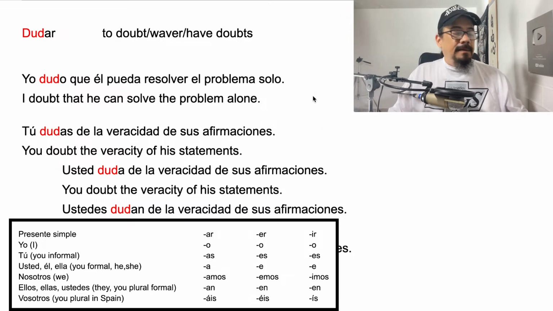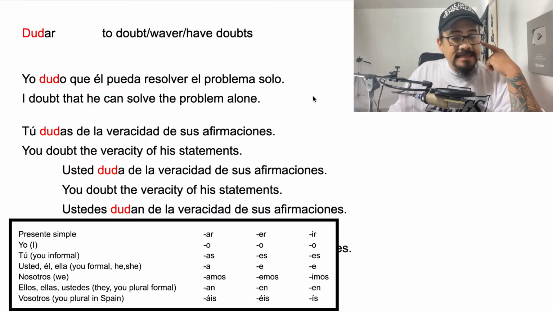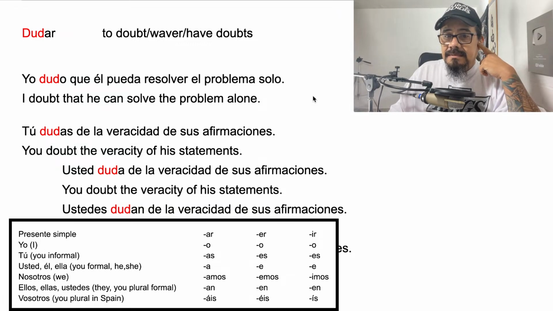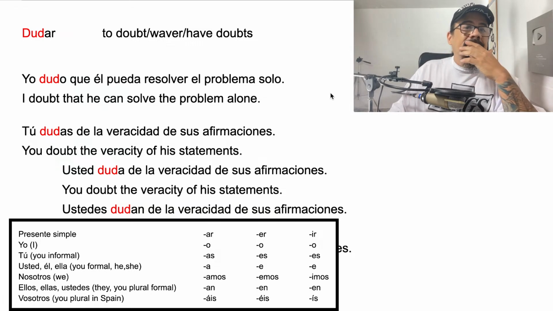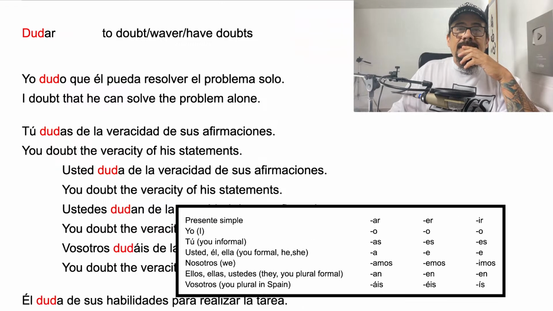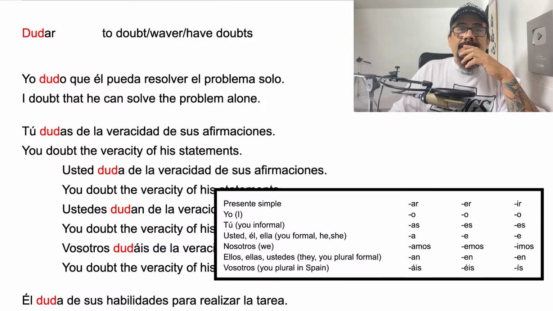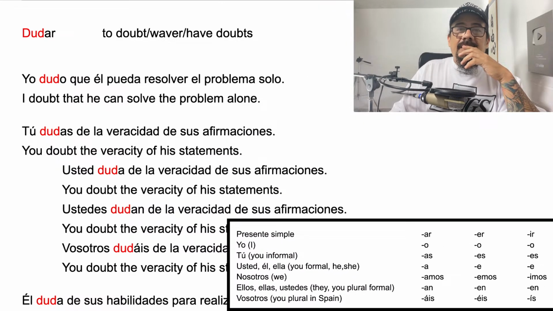So is the video okay? Is the audio working perfectly? Let me know, please. Give me some feedback. And we're going to move this table a little bit here.